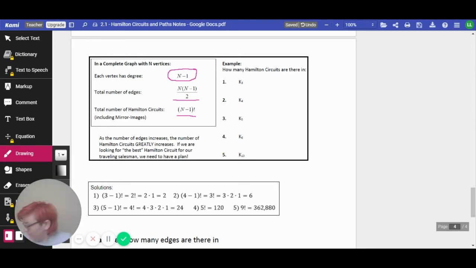Now, if you are like me and you have your graphing calculator handy at home, you can just go into your calculator, open a parenthesis, and we'll do a K3. We're going to type 3 minus 1, close the parenthesis, and go to Math. Over across the top menu, you see Math, NUM, CPX, and PRB.